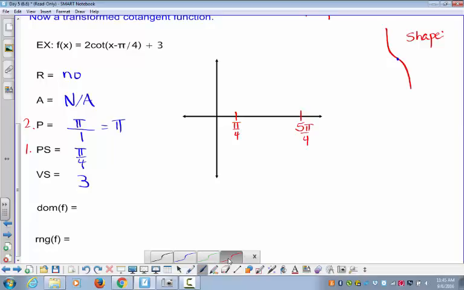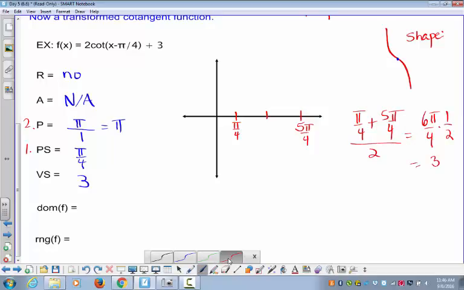Everyone okay with that? And what's that middle point going to be? Let's see. So if we add these and divide by 2, we'd have pi over 4 plus 5 pi over 4 divided by 2. So we'd have 6 pi over 4 times 1/2.